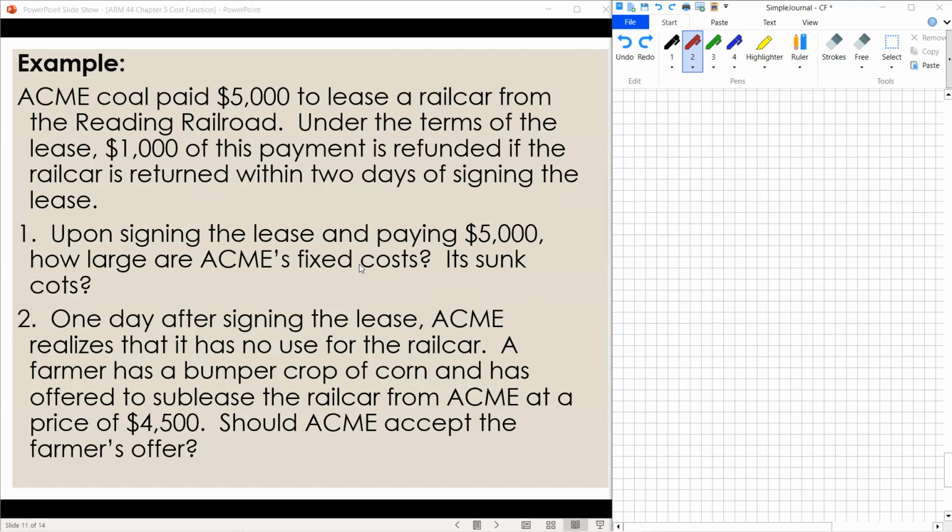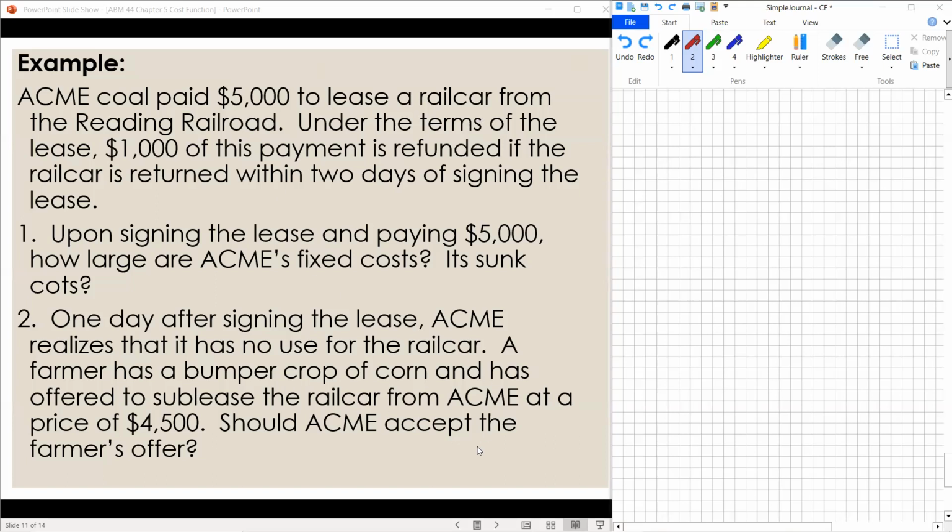So next, we have an example here. Acme Coal paid 5,000 to lease a rail car from the Reading Railroad.